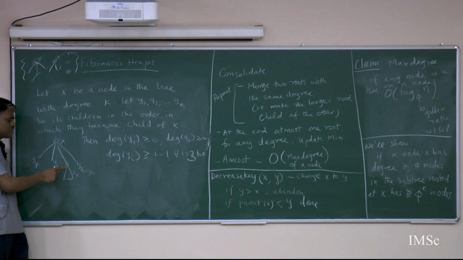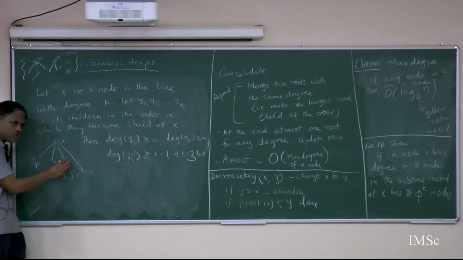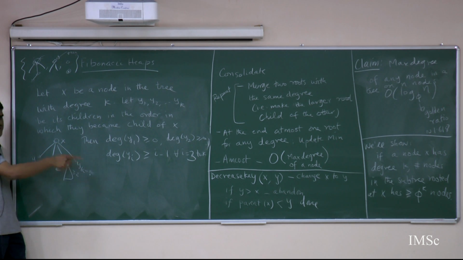So its degree must have been at least 2, and now it might have lost one child because of the decrease key operation. And we don't allow it to lose more than one child, because if it had lost more than one child, this node would not even be here. It would be somewhere else. So its degree now would be at least i minus 1, and this is true for every node.